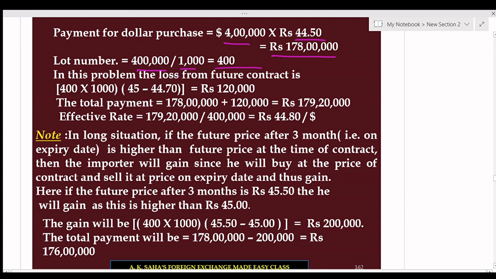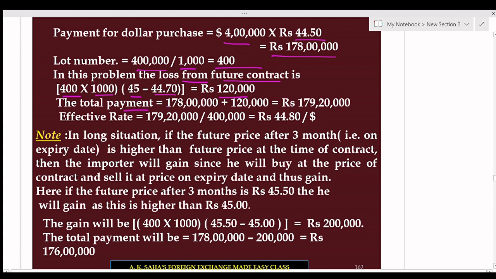In this problem, the loss from future contract is 400 number of lots into 1000 lot size into 45, that is spot future rate, minus 44.70 expiry future rate, is equal to rupees 1.20 lakhs.